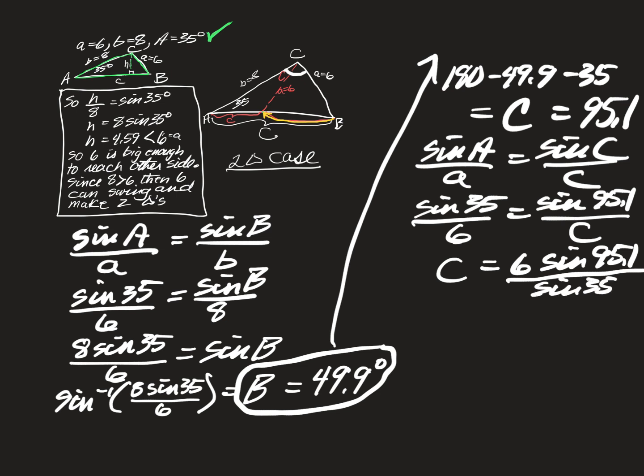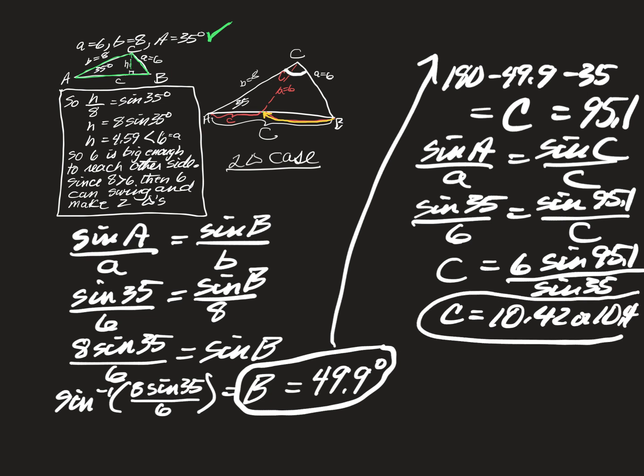All right, so I figure that out. 6 sine 95.1, close parenthesis, divided by sine 35. And that is equal, C is equal to 10.42 or 10.4 units, however long it is. So there's C and there's angle C. I could put a degree symbol on that. And there's my first triangle.